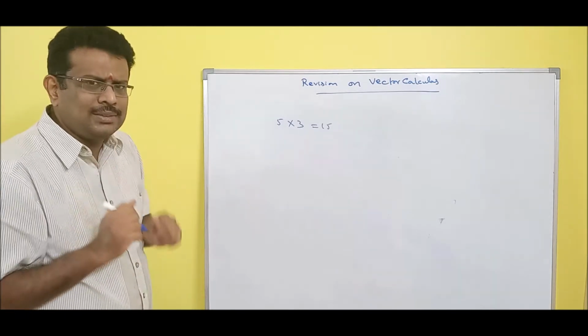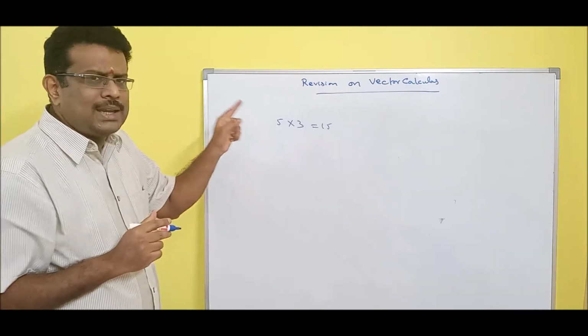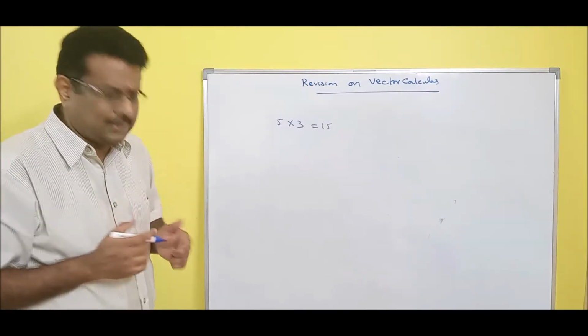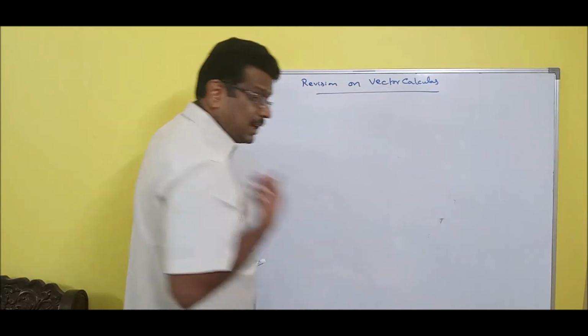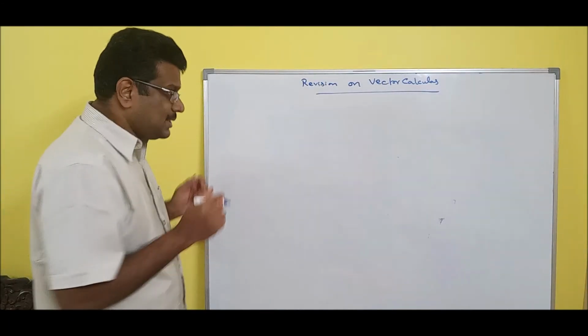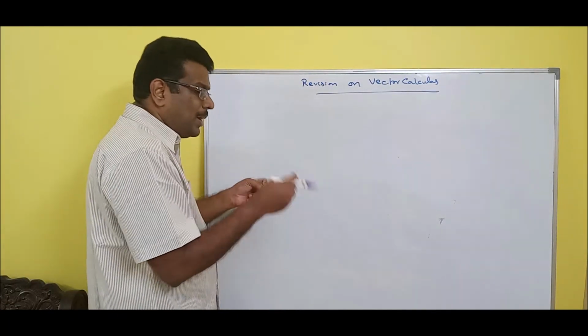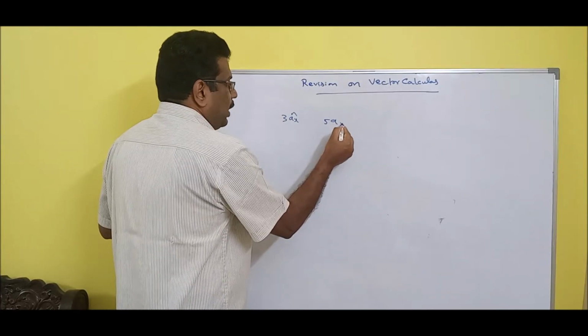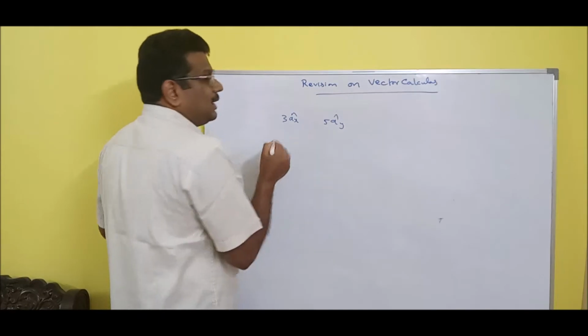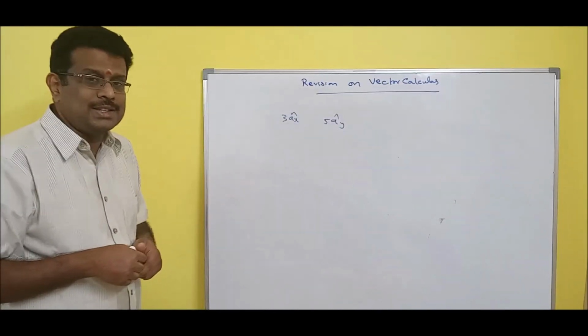Why should I discuss it? I am sorry. Multiplication of 2 scalars is not my business. Multiplication of 2 vectors, that is my business. Please remember, what is a vector? I am going to do multiplication of 2 vectors, that is 3ax cap multiplied by 5ay cap. What is the result if you multiply? That is my engineering.